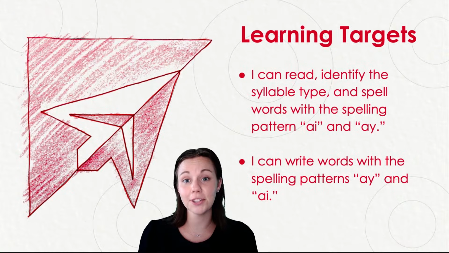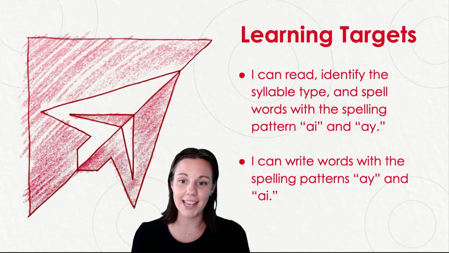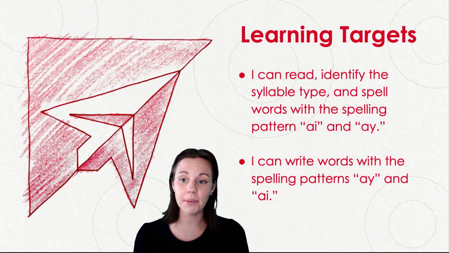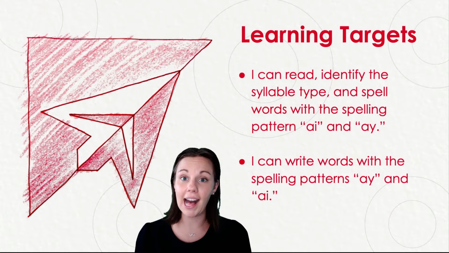Here are our two learning targets for today's lesson. The first one says, I can read, identify the syllable type, and spell words with the spelling pattern AI and AY. This is a huge connection to what we did in Lesson 7 together.